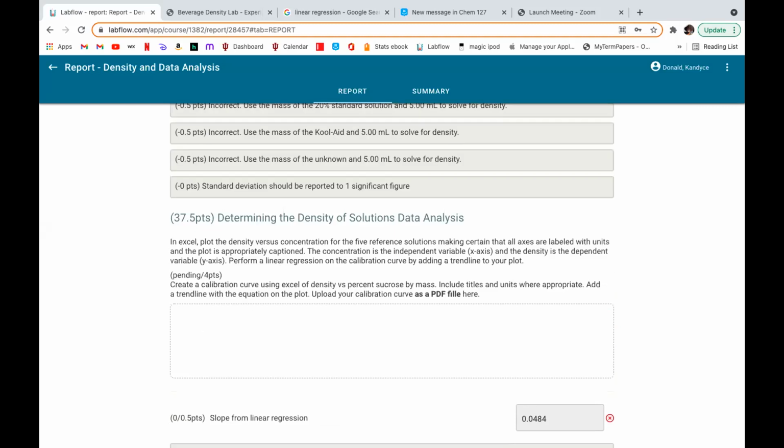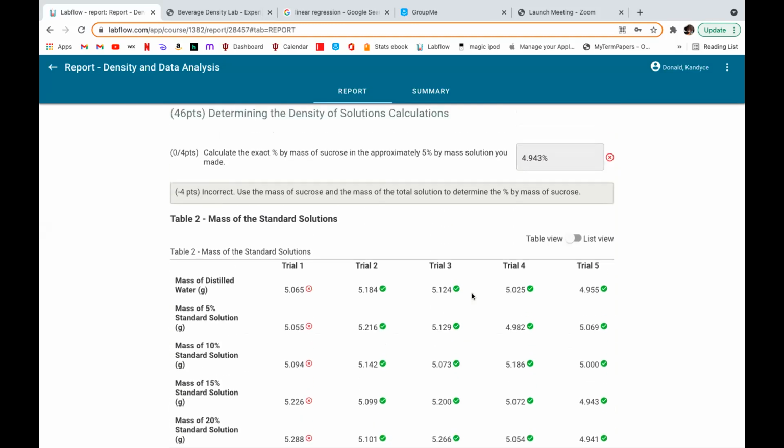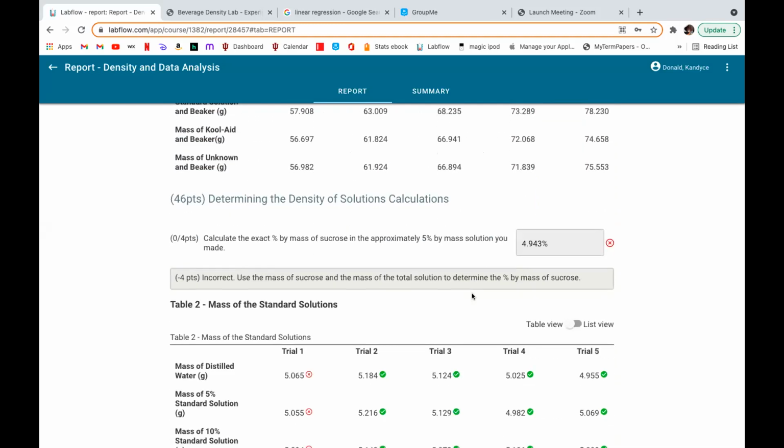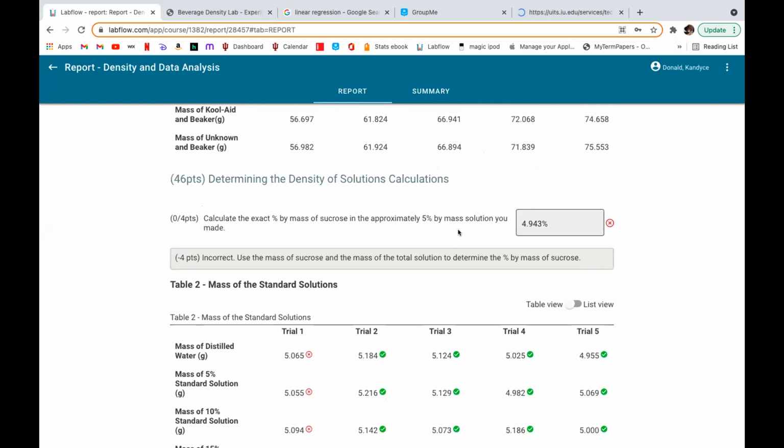Carter, can I ask you to look at something for my lab flow? Yeah, sure. So we put in our data last night, and I had asked a couple of times in the group chat how to calculate this, because I didn't remember.